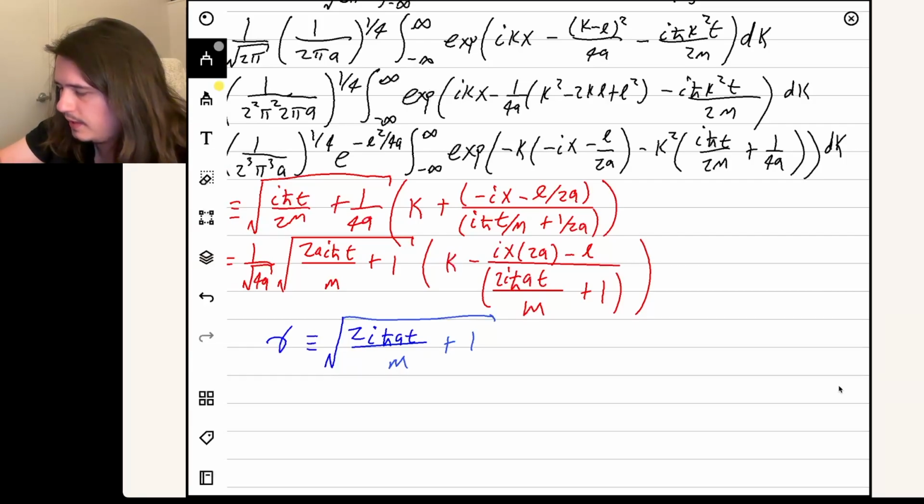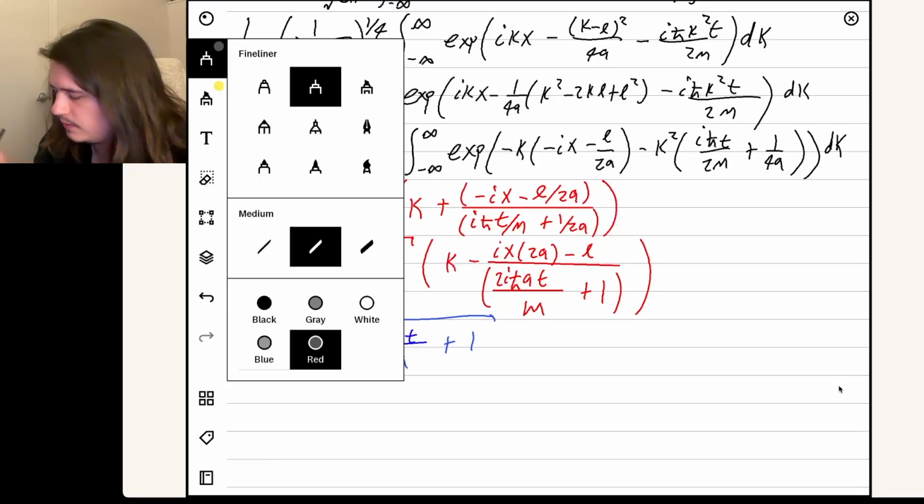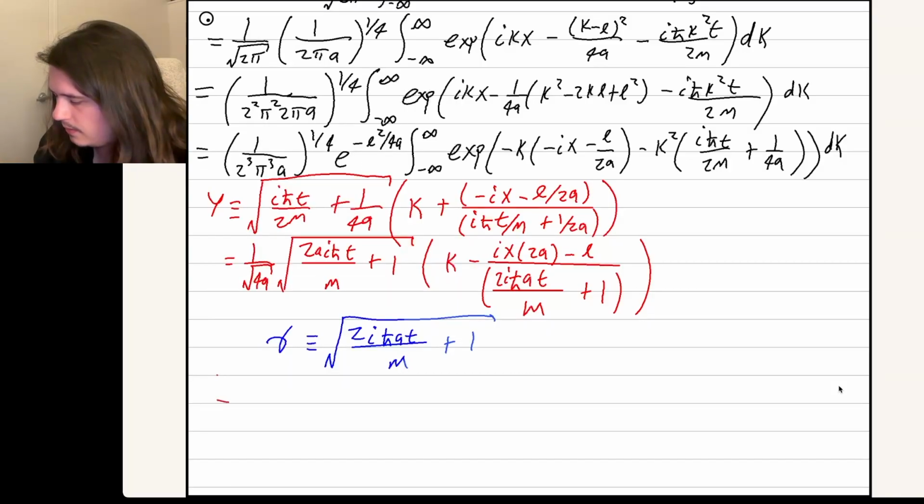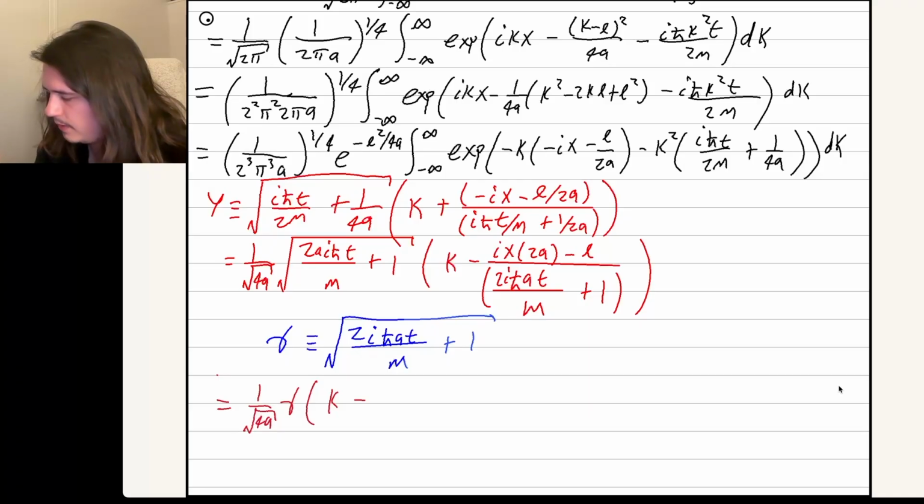So what we actually have is looking like 1 over root 4a, and then this is gamma, and this is k minus, and there should be a plus here now that I think about it.